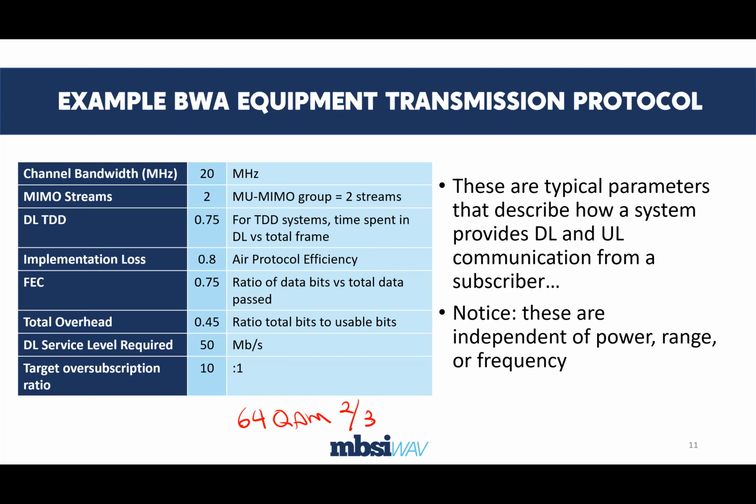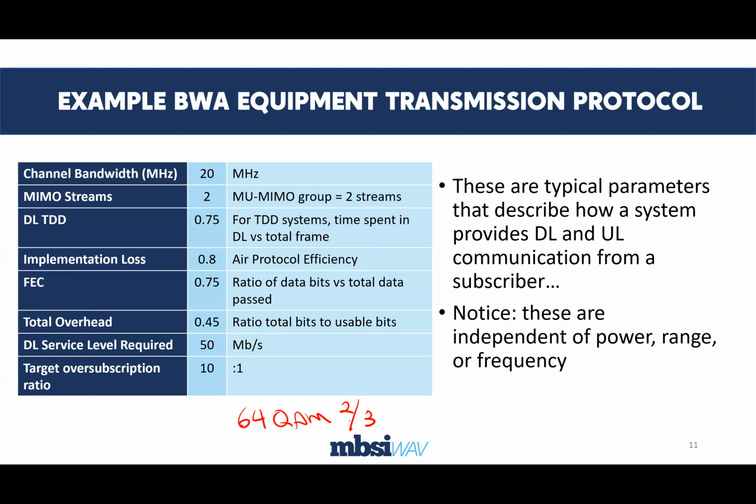So what does this mean? 64 QAM, for example, means that I've got 6 bits per symbol that I'm accounting for. So I have 64 different states so I can count for my 6 bits. And the 2/3 at the end is the forward error correction.